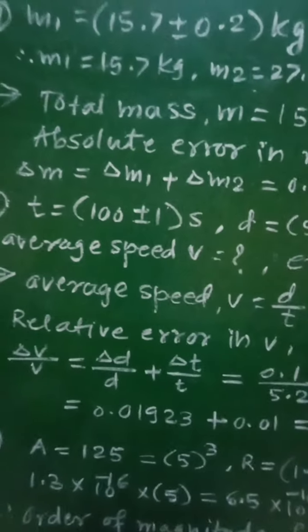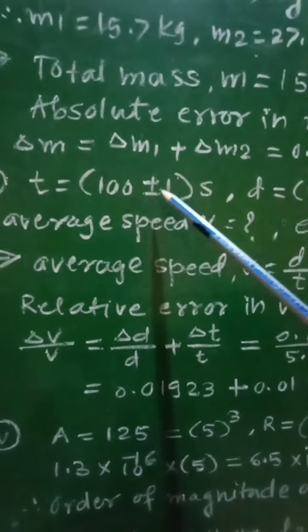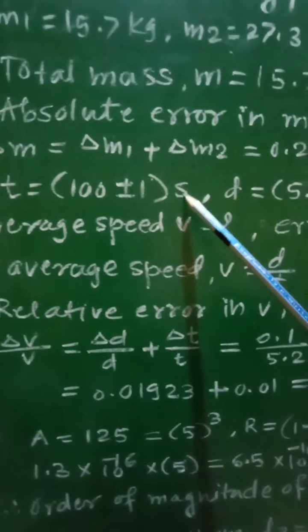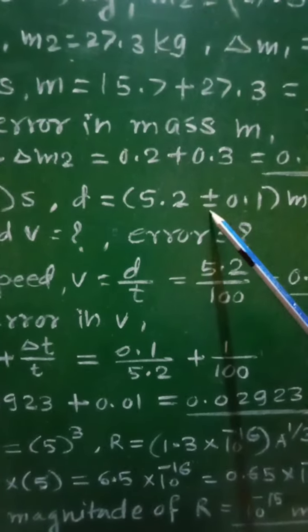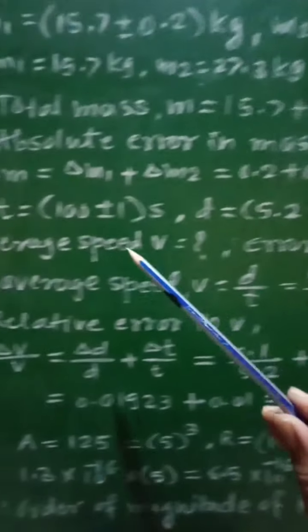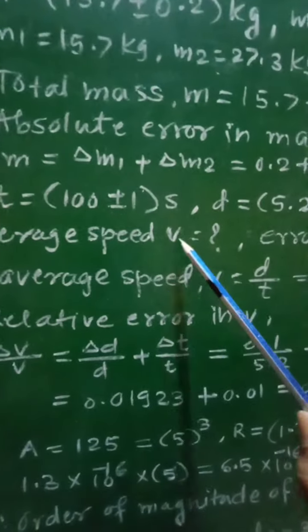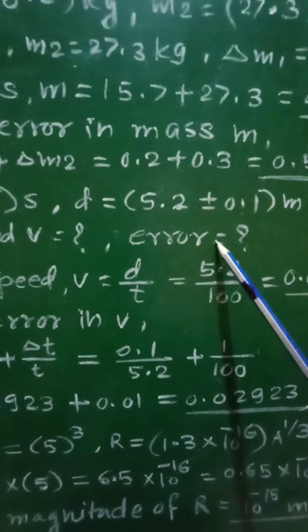So the given data is time interval t equal to 100 plus minus 1 second. Then distance traveled d will be equal to 5.2 plus minus 0.1 meter. We have to find out the average speed phi and the error present in that speed phi.